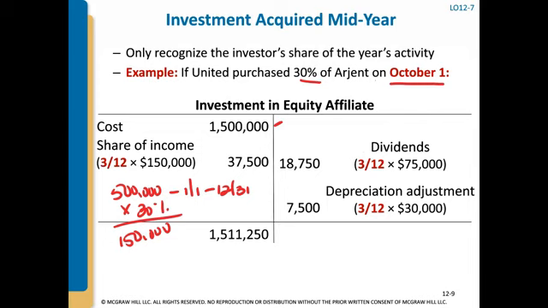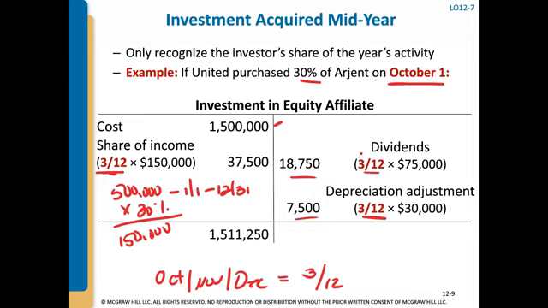But if we acquired it on October 1, we're only owning that company for the months of October, November, and December. So only 3 months out of the year. So we would multiply it for the pro rata share. And we would do the same with the dividends and the depreciation expense.